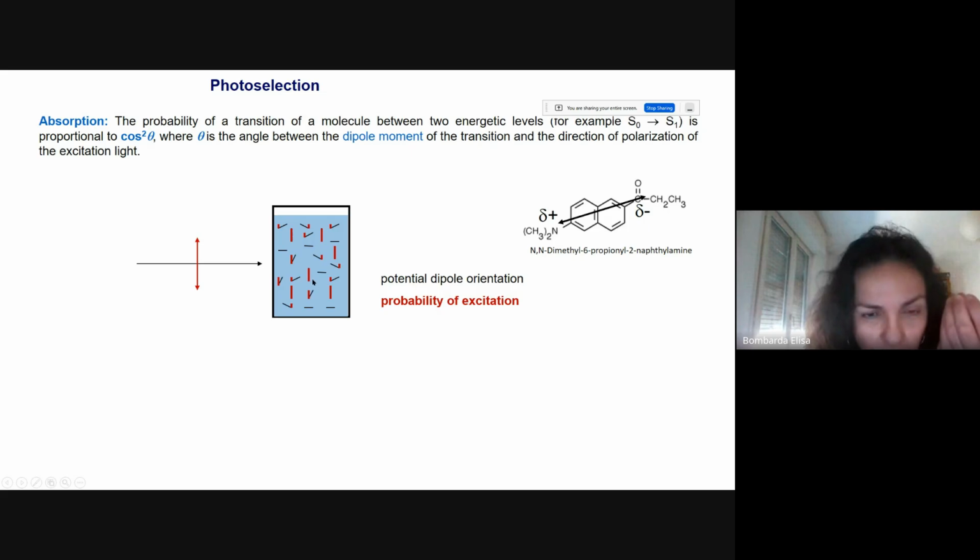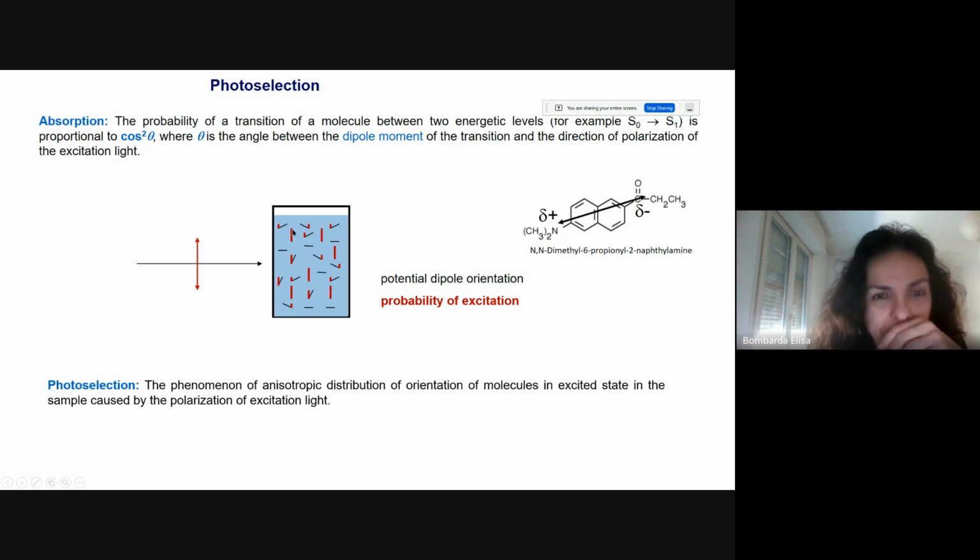When you see only the red bar, it means that the dipole of the molecule is also oriented vertically. The longest red bar is the highest probability, because the molecules are oriented parallel to the polarization of the excitation wave. Instead, for example, this molecule here, whose transition moment is perpendicular to the direction of excitation, is practically not excited.